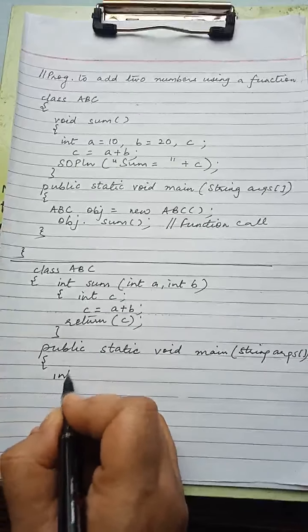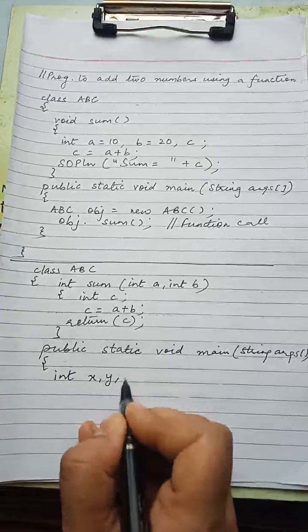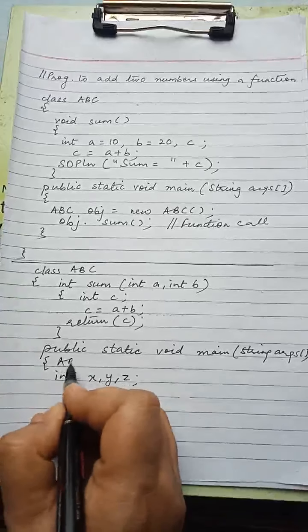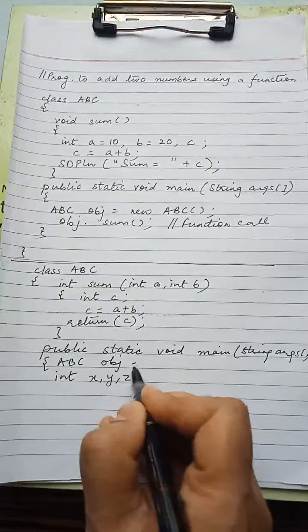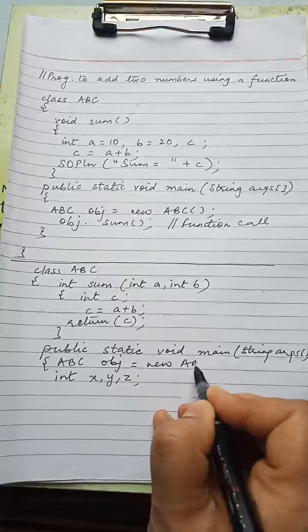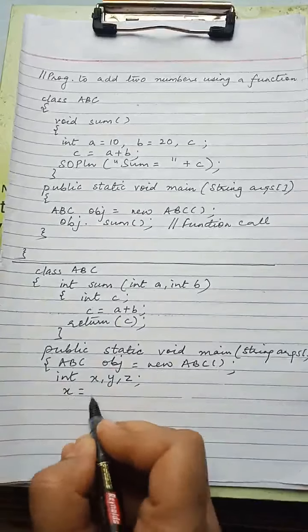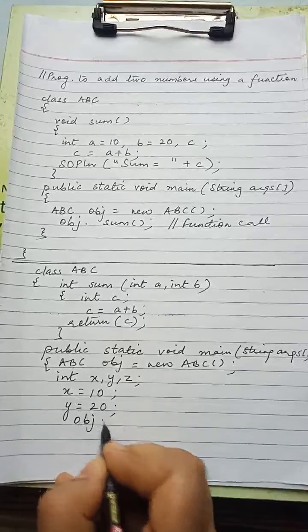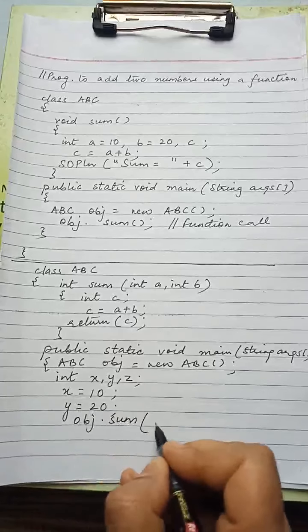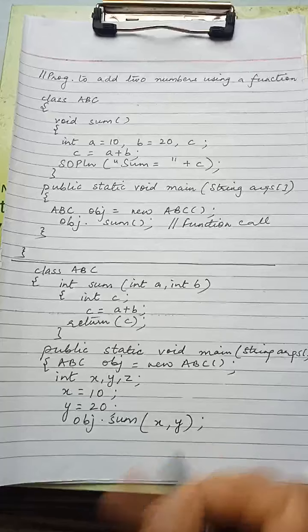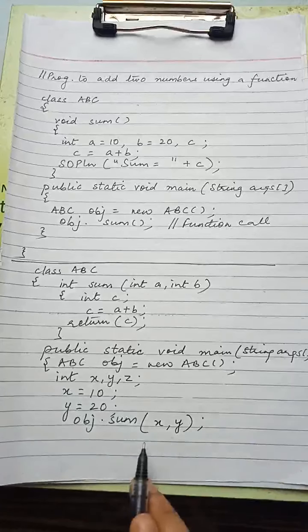Here I am writing three variables x, y, z. Also, an object is to be declared of the class. In x I am initializing 10, in y I am initializing 20, same values. And then obj.sum, I am calling the function sum and I am passing the variables x and y. This is the function call statement here.